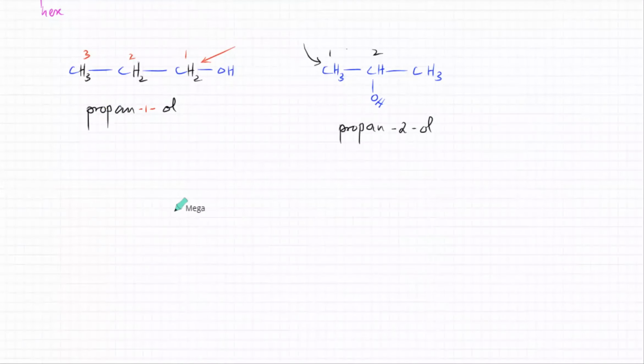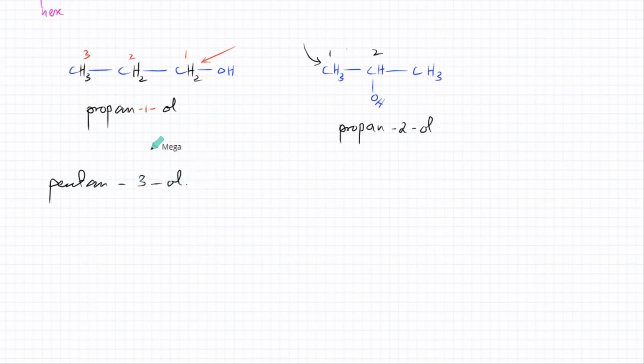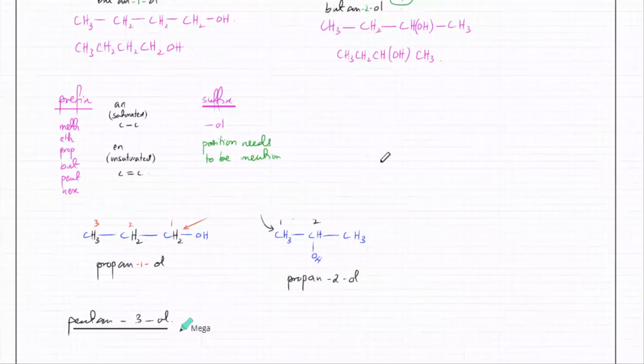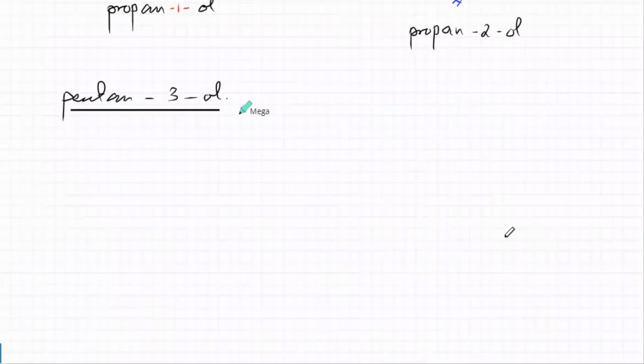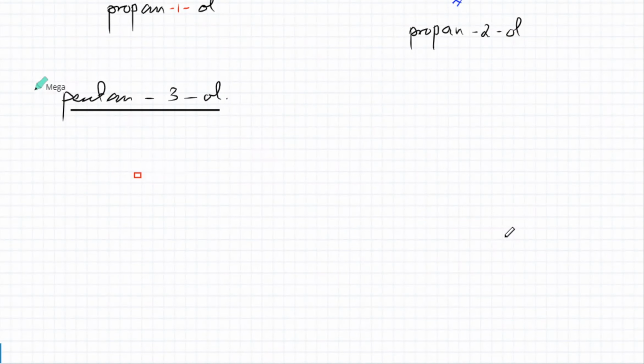If I draw another one, let's say pentan-3-ol. So how would this molecule look? Pent means 5 carbon atoms, so there are 5 carbon atoms in a line. So that's 1, 2, 3, 4, and 5.